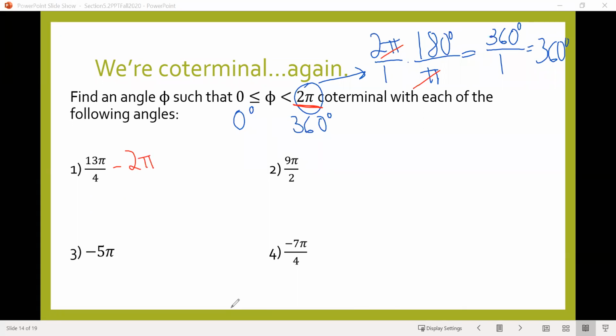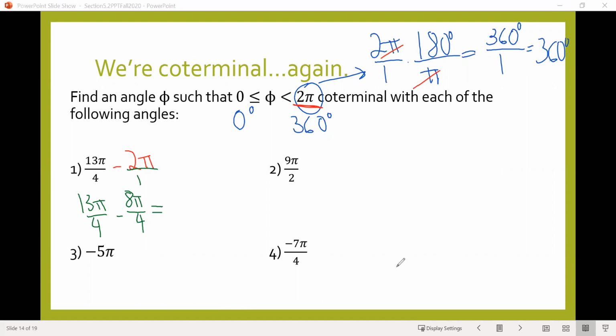So we have 13 pi over 4 minus 2 pi. I'm going to make the 2 pi a 2 pi over 1. I'll get a common denominator between the two of these, so that will be 4. Which will give me 13 pi over 4 minus, changing the 1 into a 4, multiply the 2 pi by 4. That'll give us 8 pi. So we have 13 pi over 4 minus 8 pi over 4.